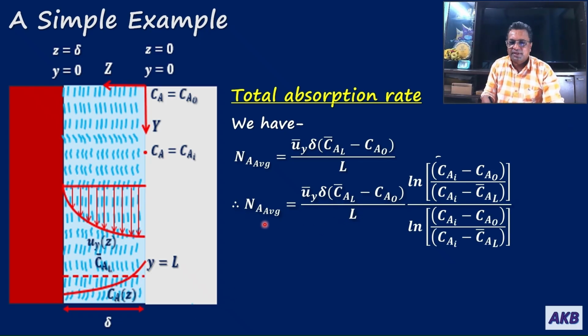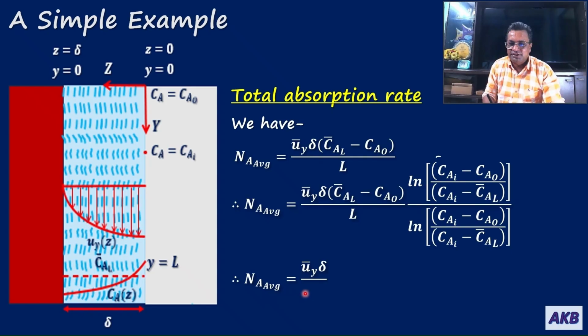So NA average is equal to UY bar into delta into CAL bar minus CA naught divided by L. Now I am multiplying with ln of CAI minus CA naught by CAI minus CAL bar, and at the same time I am dividing with ln of CAI minus CA naught divided by CAI minus CAL bar. I am taking this logarithmic term into the equation because we have the term in the definition of the average mass transfer coefficient, if you remember.